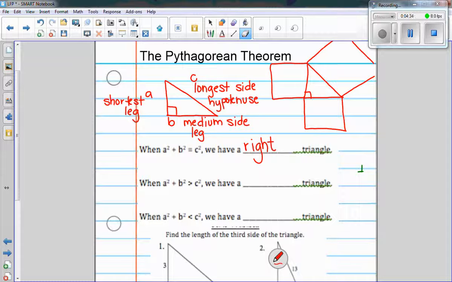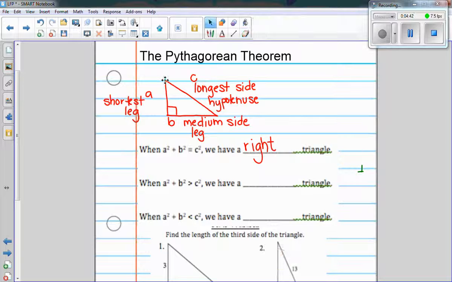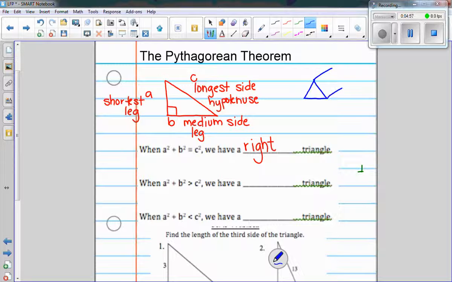Now, if you have an instance where A squared plus B squared is greater than C squared, you're going to have a different type of triangle. So if I sketch an acute triangle here, I might have A squared here, and B squared here, and C squared here.